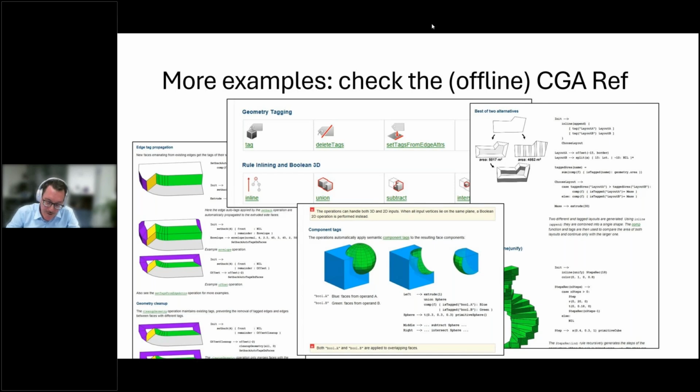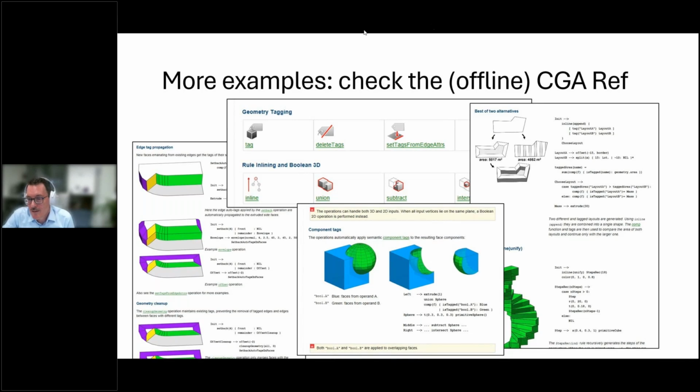We just released a beta version because the CGA reference is not online yet. If you try the beta version, check out the offline CGA reference, which is built into CityEngine. There you see the new features explained, and you see examples.